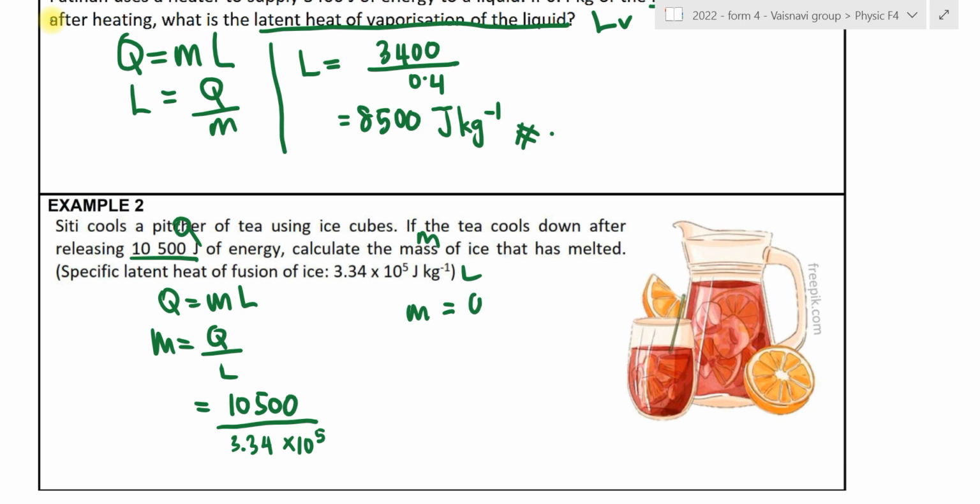Kalau nak, boleh ambil dua tempat perpuluhan. Okay, 0.031 kg.